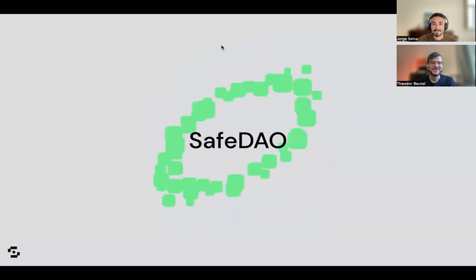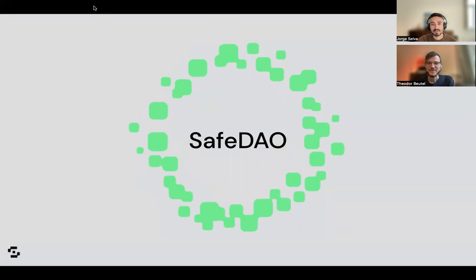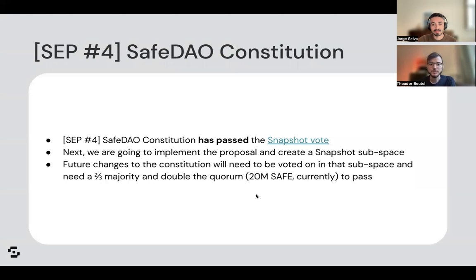Awesome. Thank you, Jorge. So from the SafeDAO side, if we go to the next slide, we have the constitution proposal that passed the Snapshot vote. So we finally have that piece in place, which provides a very early vision and mission for SafeDAO, alongside a scope on a high level.